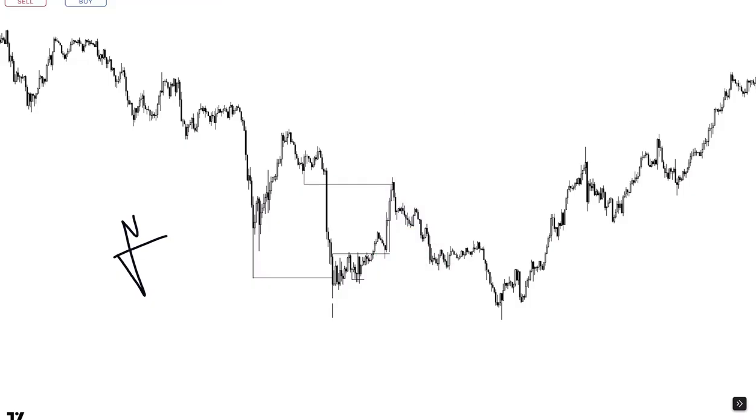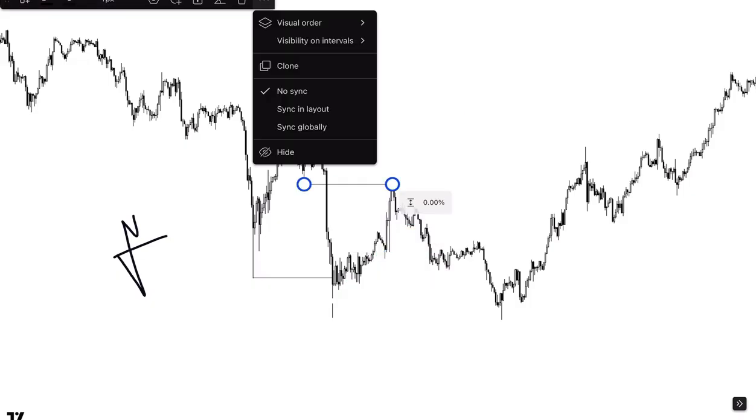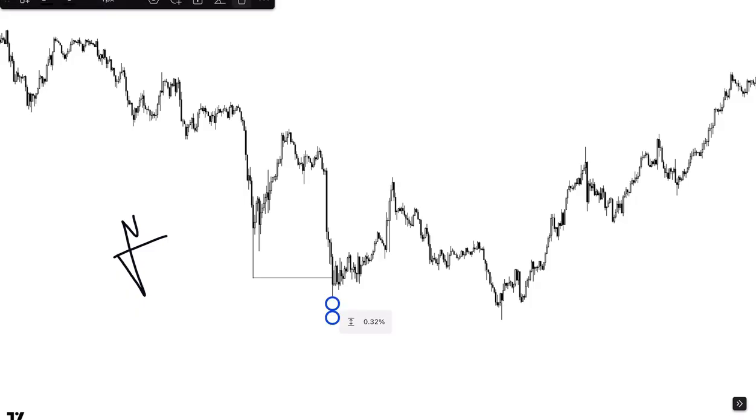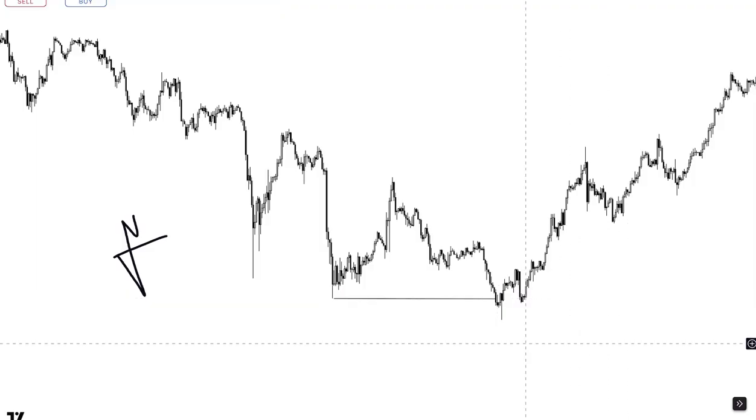Right, here's another example of a model number one. Right over here, you have a low over here. And then you have this low also, which stabbed into the previous low. And I chose this example on purpose because it's an atypical model number one, right?